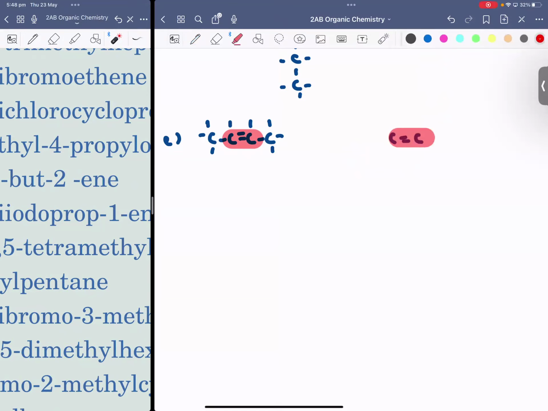And then what? What's coming off one of the C's? There's an H. And then CH3. And it said trans. So make sure that you have the other H coming off on the opposite side. I hope you guys saw that. I'll just color one of them for you so you understand what I did. So there's like the blue, for example, and there's the green, there's the yellow, and there's the pink.